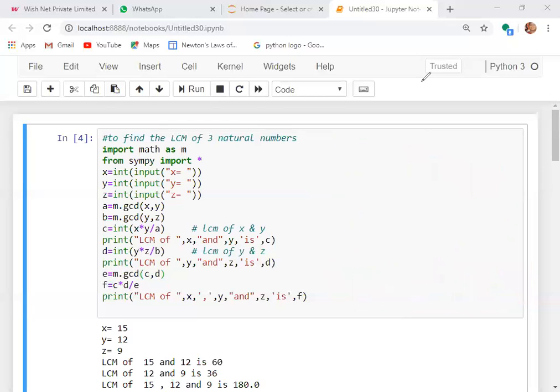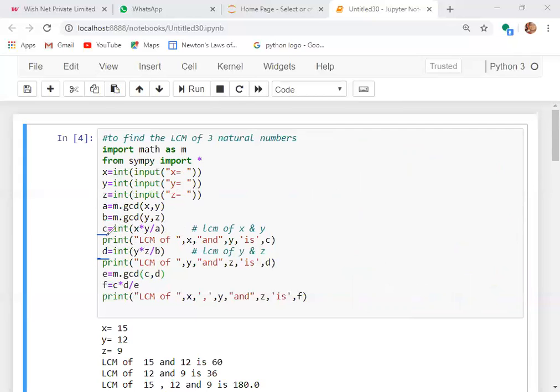So how do we do that? The first LCM, of X and Y, is written with the symbol C, and in the same way the second LCM, that is the LCM of Y and Z, is D. Now we are trying to find the LCM of C and D, so that it actually becomes the LCM of all the three numbers, that is X, Y and Z.